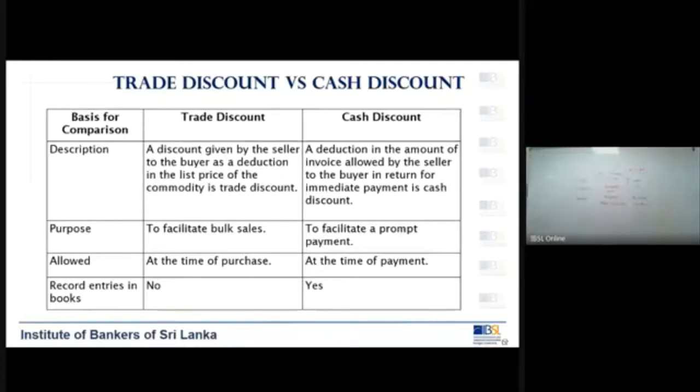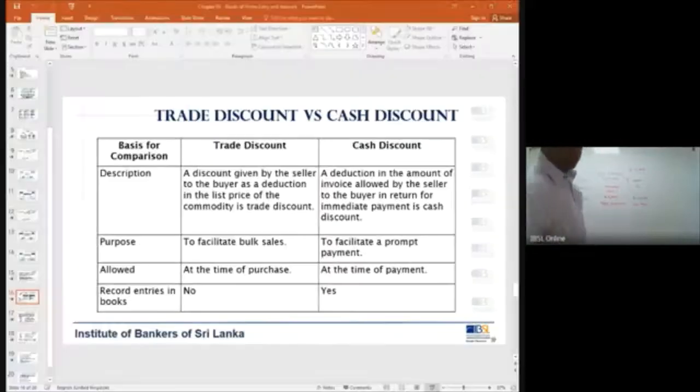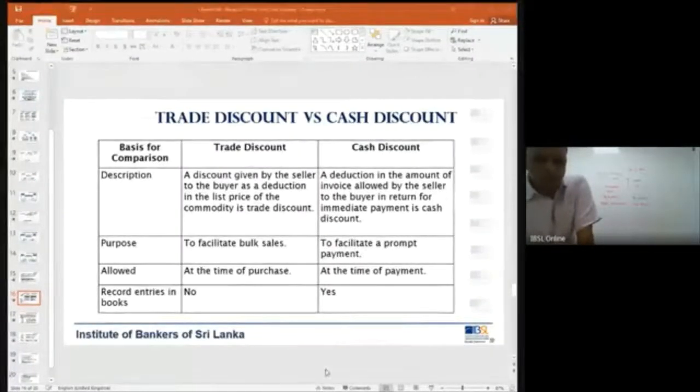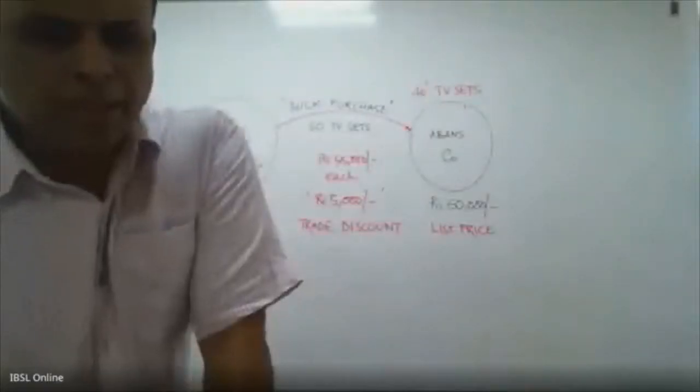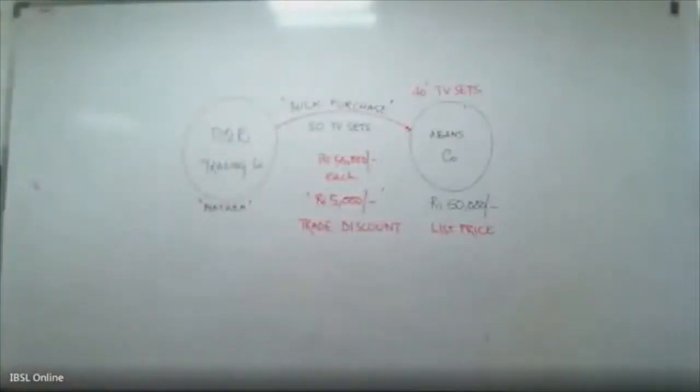Okay, right. Now let's get on to the cash discount. I hope you are now clear with what the trade discount is. Now let's look at any questions on trade discount before I get on to cash discount.